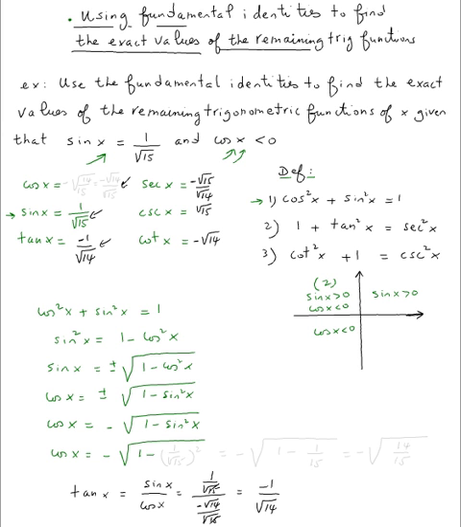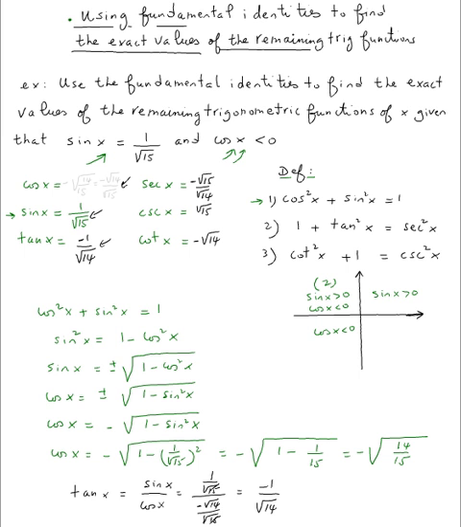Sine is 1 over square root of 15, but we need to square that. This is equal minus square root 1 minus 1 square is 1, square root of 15 squared is 15. This is equal minus square root 1 minus 1 over 15. 15 minus 1 is 14, so it's 14 over 15.